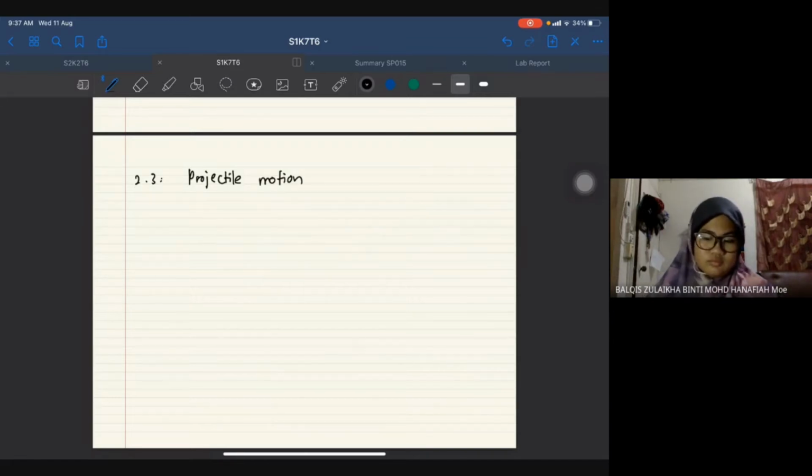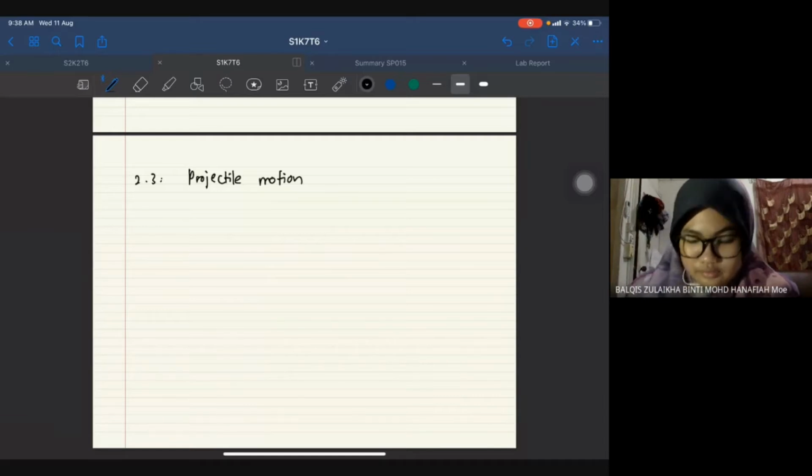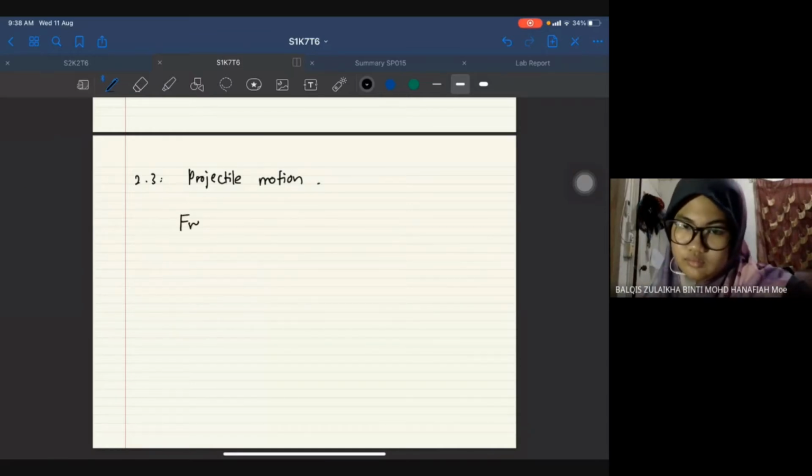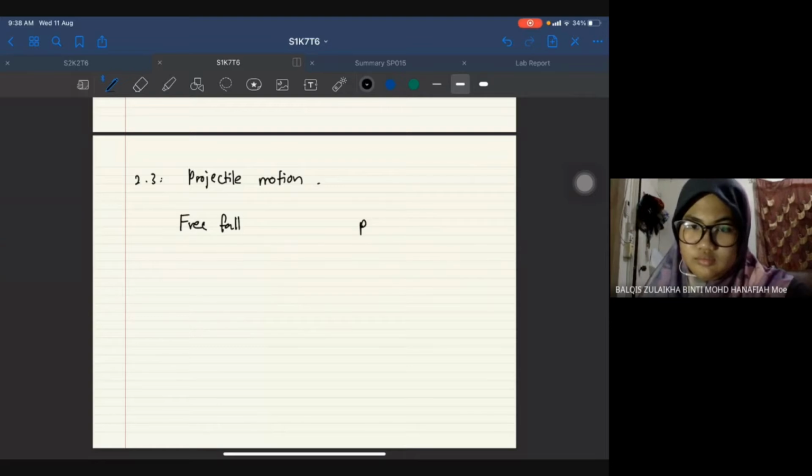Projectile motion basically can divide into two parts. Satu tu adalah projectile motion, satu tu adalah freefall. Dalam nota kamu dia tak bagikan pun, tapi saya bagikan. We have freefall and projectile motion.